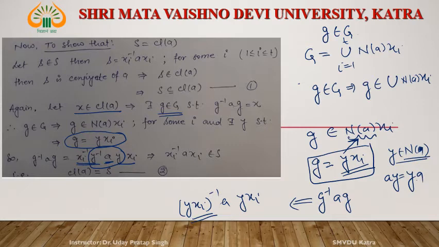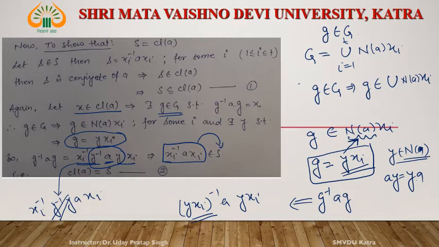Then Y inverse AY can be written as Y inverse YA, and this is A. Therefore, this is equal to Xi inverse A Xi, and this type of element is in S.